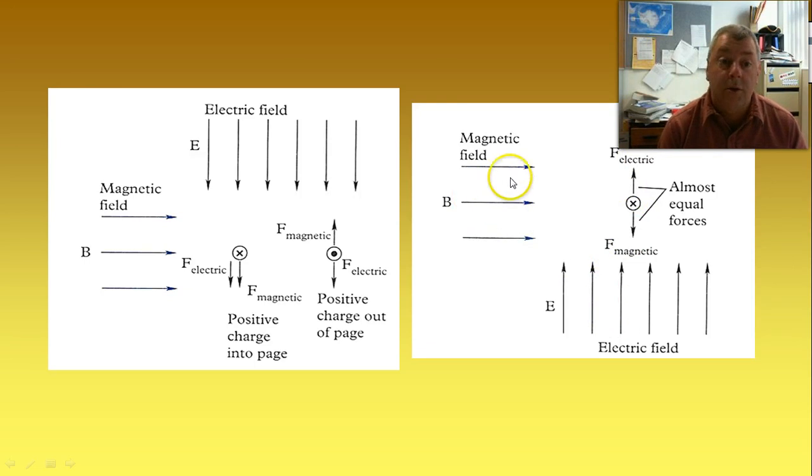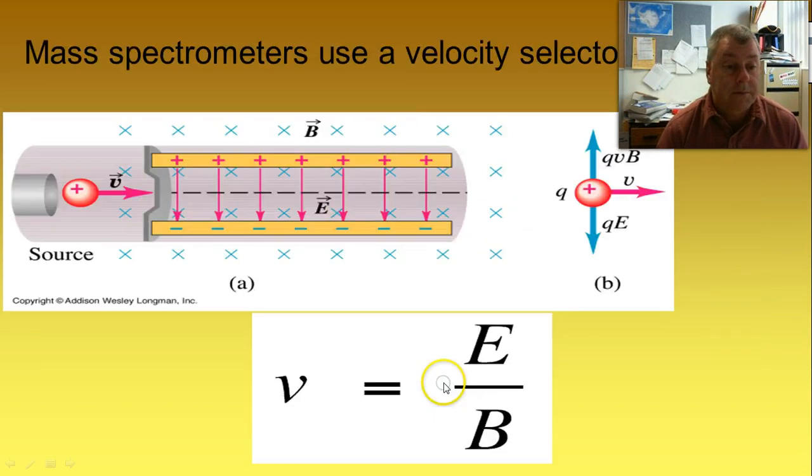Now, because we can create magnetic fields and electric fields, we can tune them both in so that those forces are equal. Sort of similar to what we did in the Millikan oil drop experiment, where we balanced gravity and the electric field, and we were able to get the droplets stationary. This is a different scenario, but we can control what happens to these particles.